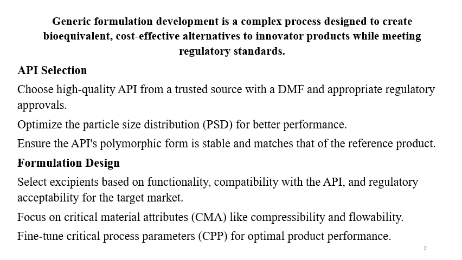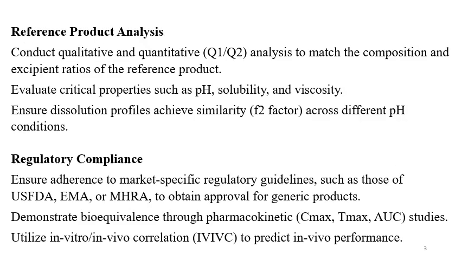Fine tune the critical process parameters for optimal product performance. Once you decide to go ahead with some process, understand the critical process parameters. For example, if you are working on a roller compaction process, you need to optimize the process parameters like roller force, roller speed, granule fraction, like this. Then reference product analysis.